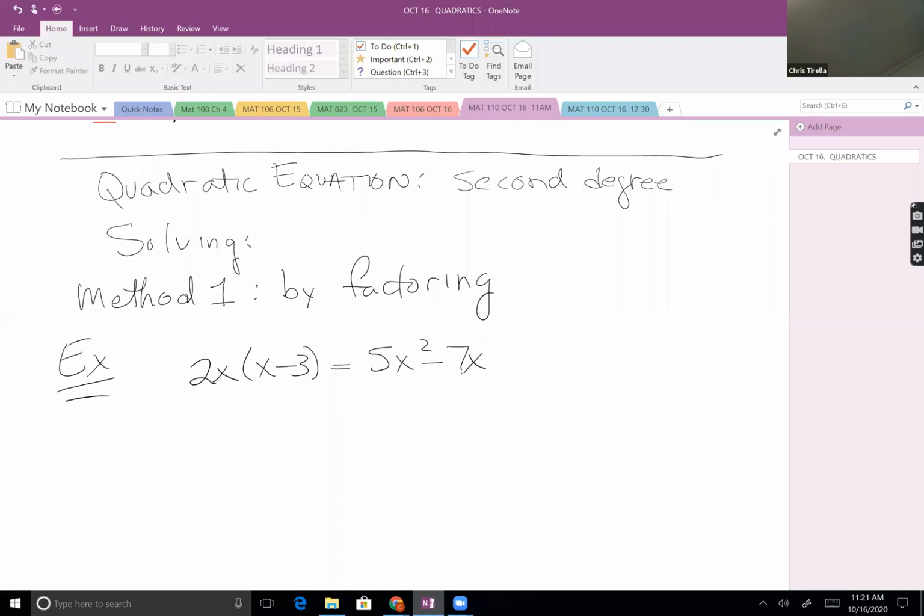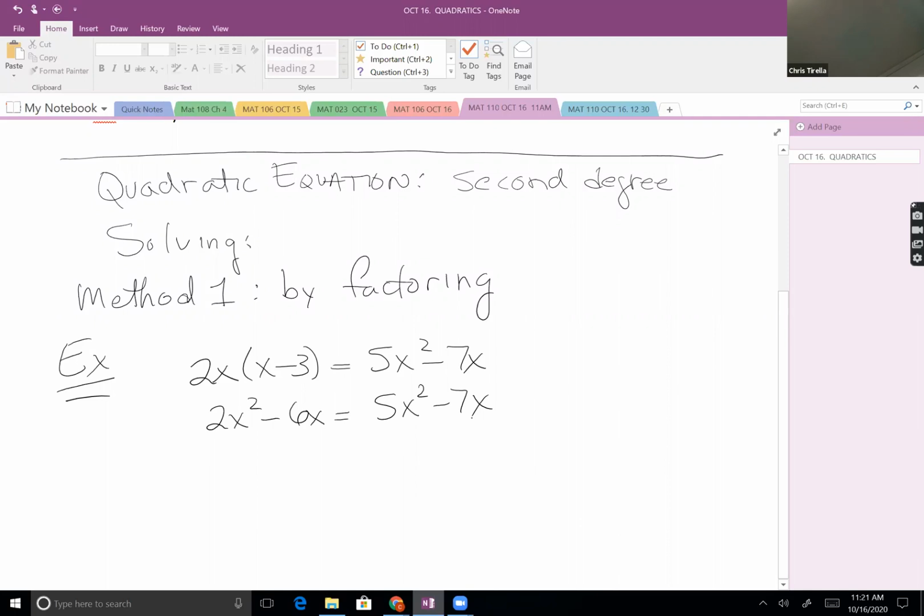What would you folks want to do first with this one? Distribute. Beautiful. This simplified gives me 2x squared minus 6x equals 5x squared minus 7x.